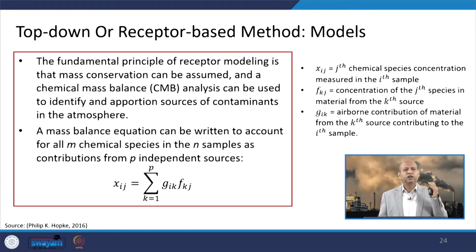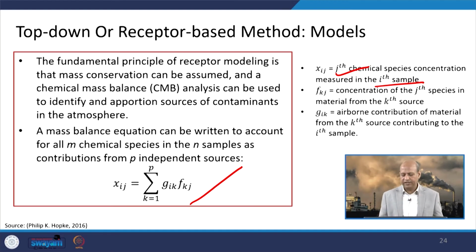So, those kinds of tools we will basically use. Like I said, the fundamental principle of receptor modeling is basically mass conservation. So, the chemical mass balance analysis can be used to identify and apportion the sources of the contaminants in the atmosphere using the CMB technique. The mass balance equation which is used for this purpose is this one. You can see the chemical species of different nature, i-th or z-th. In the i-th sample, the z-th chemical species; different samples may be there, different species may be there.